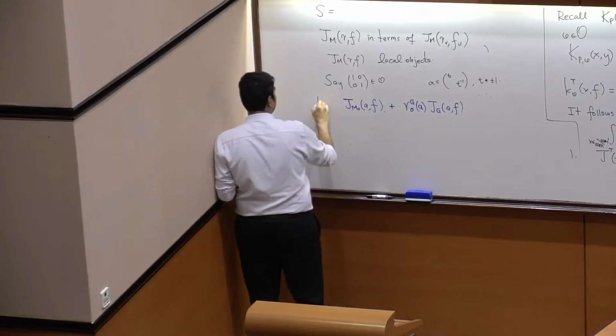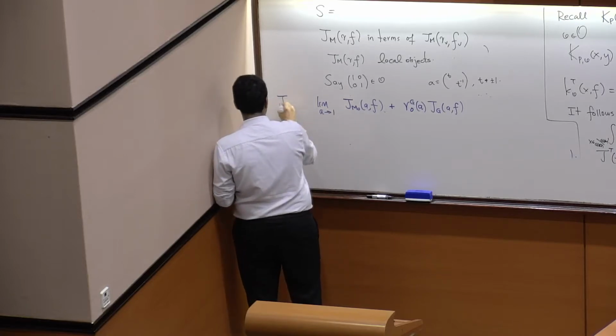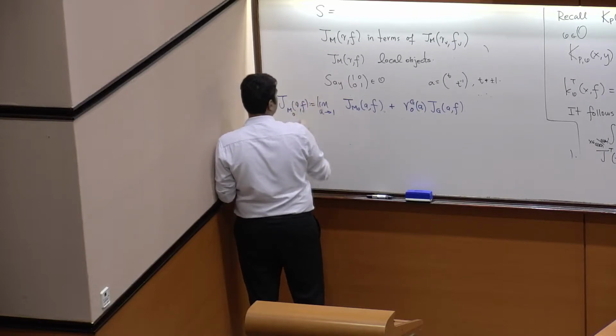This is well defined, and the limit as a goes to 1 is also well defined. And so it defines J_M(γ, f) as this limit.